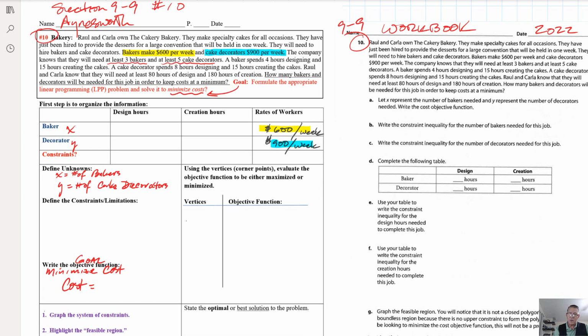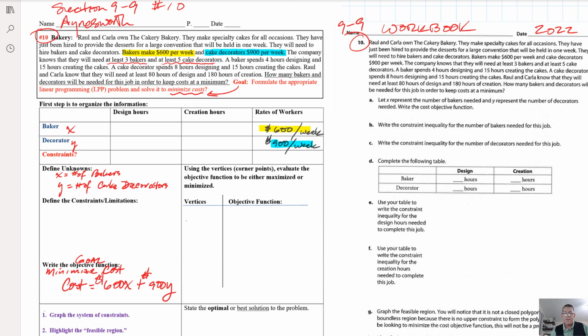So the cost is going to be your rate, $600 per week for the bakers, multiplied by how many you have, plus the 900 times however many decorators you employ. If you add those two up, you get the total cost with respect to your employees, because it takes some expenses to run the business.